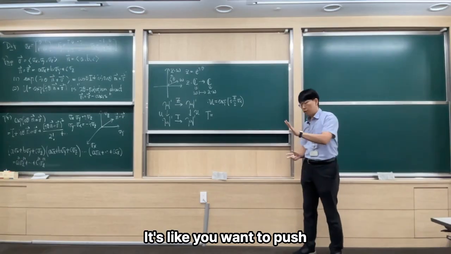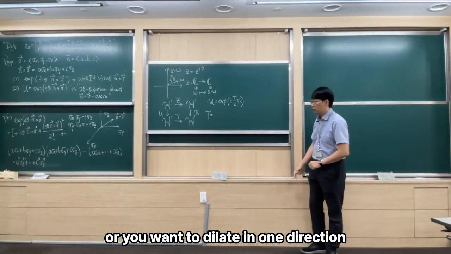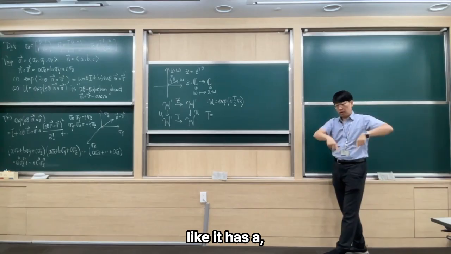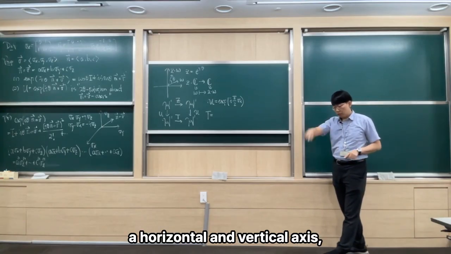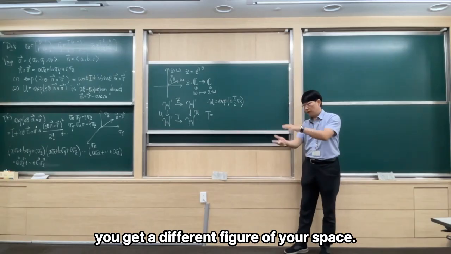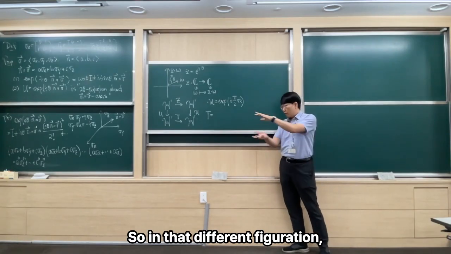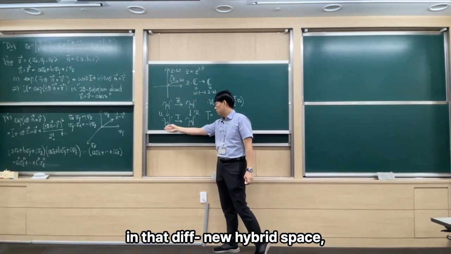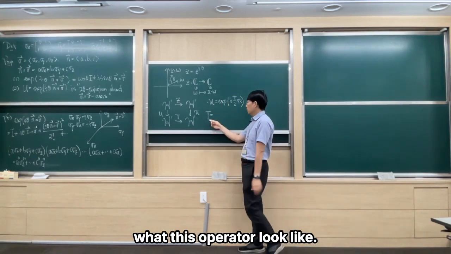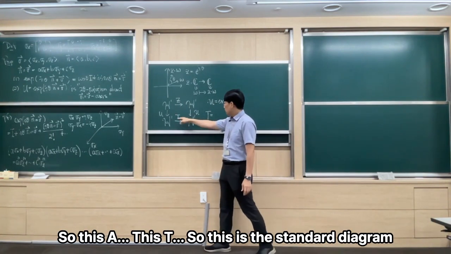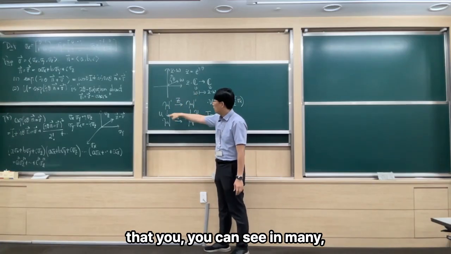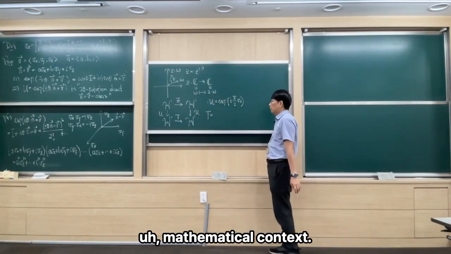It's like you want to push or dilate in one direction, so the plane, which has a horizontal and vertical axis, after you translate gives a different figure of your space. So in that new Hilbert space, I want to see what this operator looks like. So this T, this is the standard diagram that you can see in many mathematical contexts.